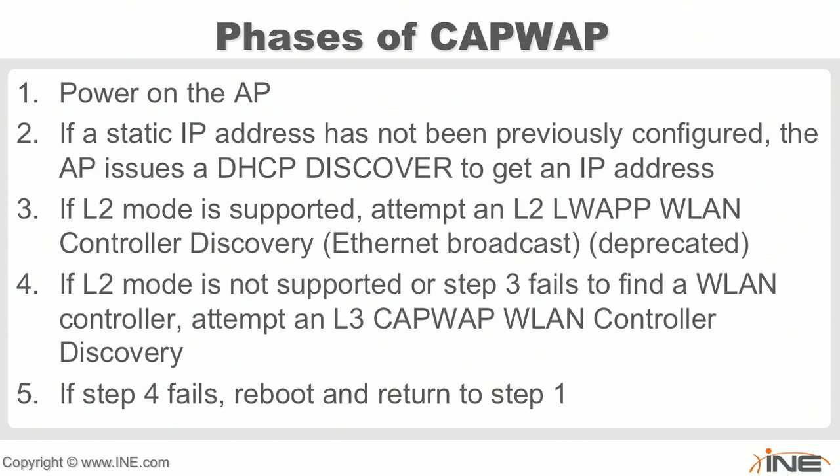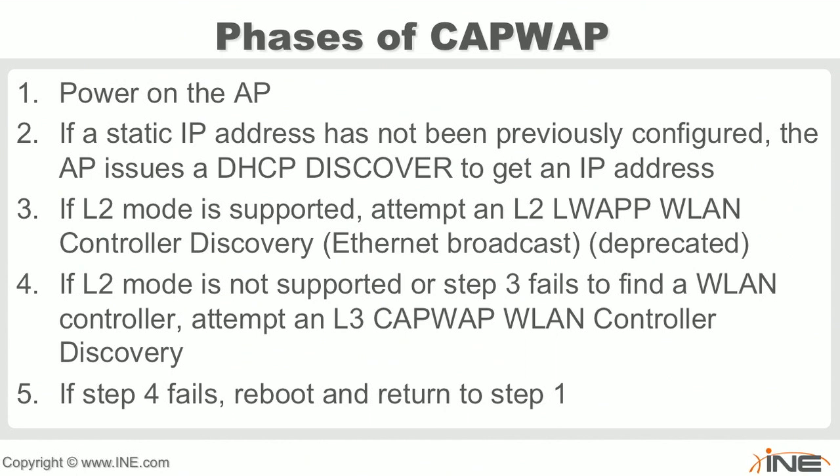So Layer 2 mode is supported. There will be an attempt for a Layer 2 LWAP WLC, wireless LAN controller, discovery, so basically an Ethernet broadcast. If L2 mode is not supported on the WLC or step 3 fails, which in this case it probably will, most times the APs are going to try a Layer 3 broadcast or CAPWAP WAN controller discovery.